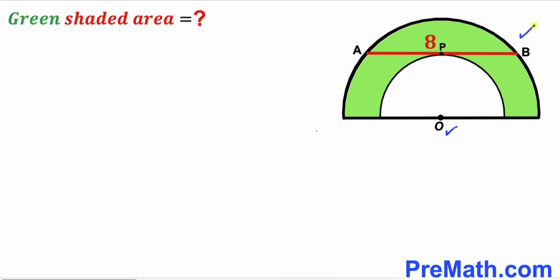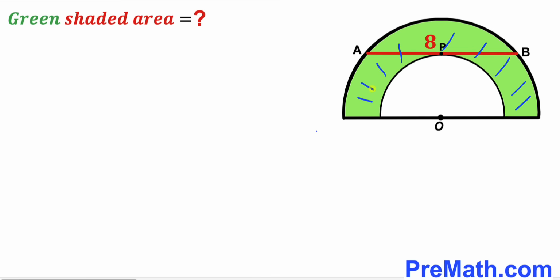In this video, we have these two concentric semicircles with a common center O, as you can see in this given diagram, such that this is our smaller semicircle, whereas this is our larger semicircle. As a result, we end up with this green shaded region.